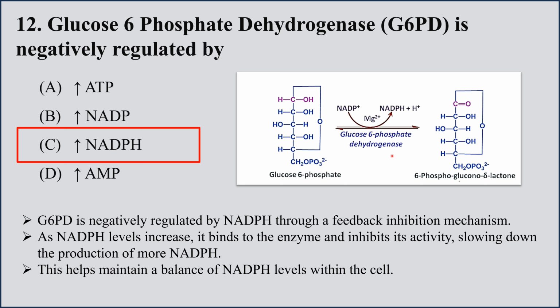When NADPH levels increase, it binds to the enzyme and inhibits its activity, slowing down the production of more NADPH. This helps maintain a balance of NADPH levels within the cell. So that's how NADPH levels are balanced inside the cell.